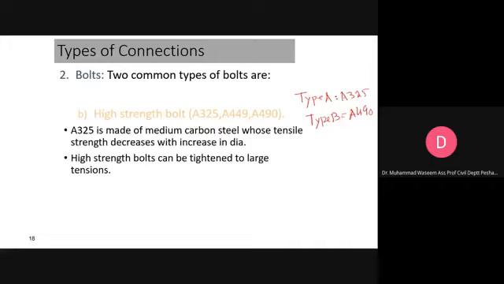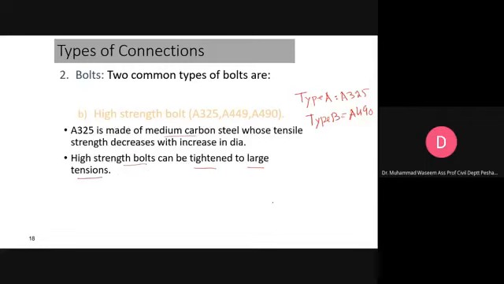High strength bolts are made from medium carbon steel, for example A325 bolts, whose tensile strength decreases with increase in their diameter. High strength bolts can be tightened to large tensions as compared to the A307 bolts.